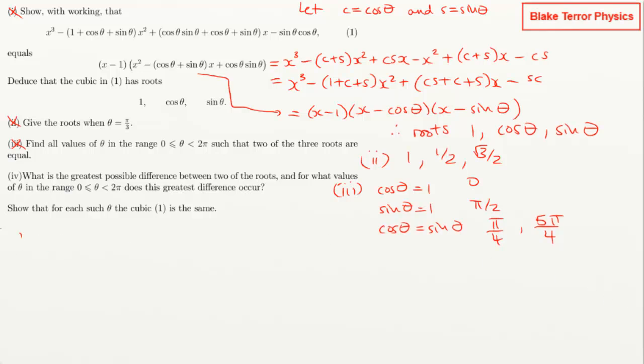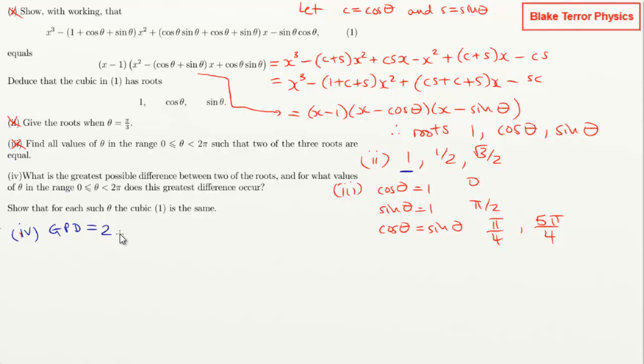So they're our values. Oh, this is really storming through, isn't it? So part 4, let's go to blue just for the last part. What is the greatest possible difference between 2 roots? And for what values of theta in that range does that difference occur? So the greatest possible difference is 2, because we've got 1 that's just staying at 1, and the others can get to minus 1.